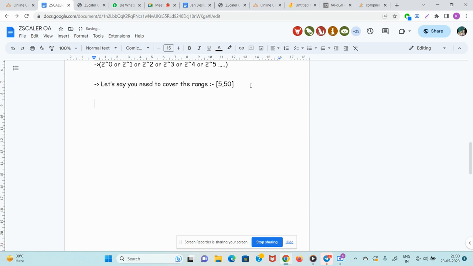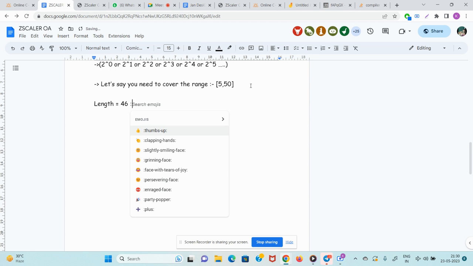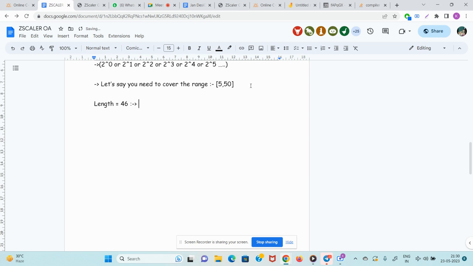So guys, the length is 46, and it takes 4 steps to cover it. So how did you cover it? In 46 you use a guy named 32.